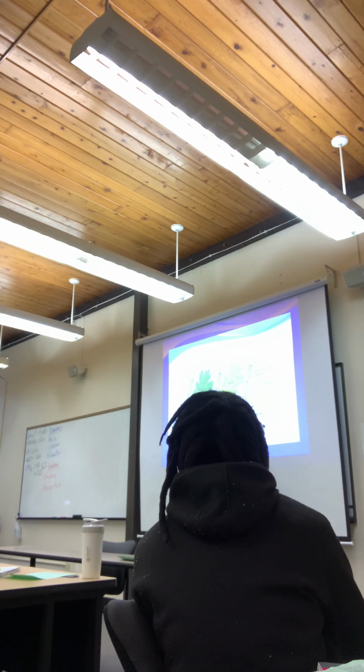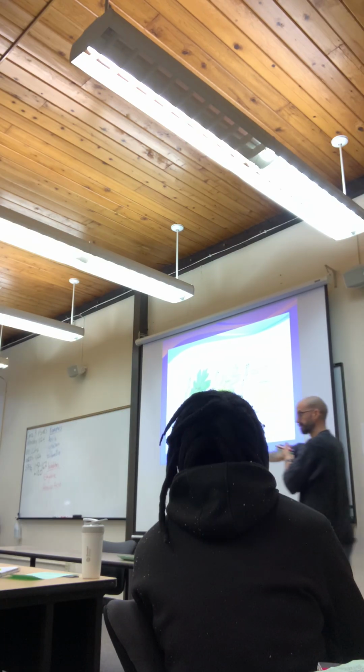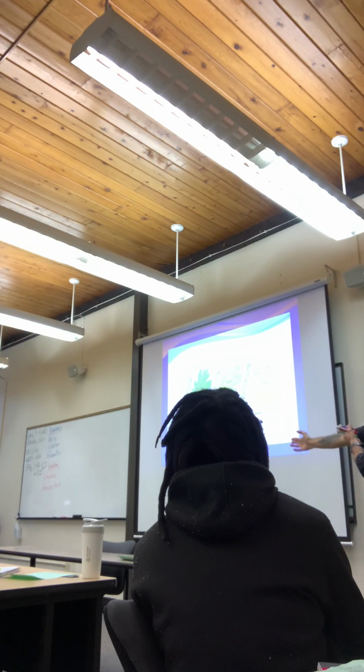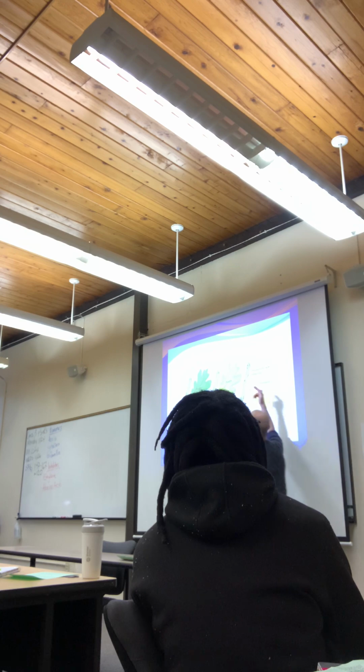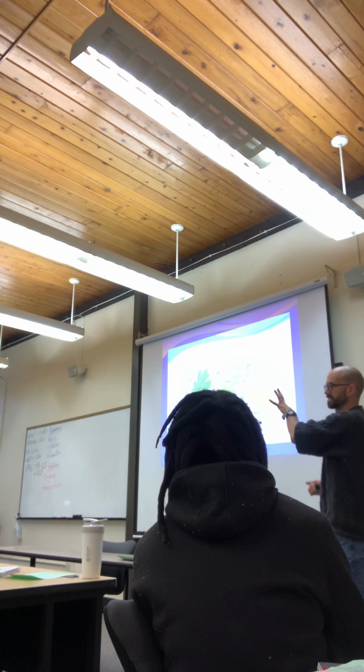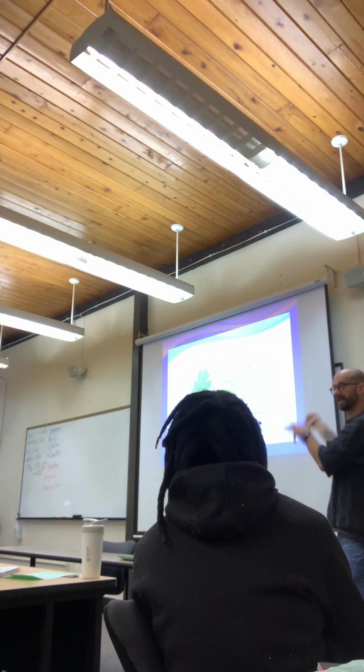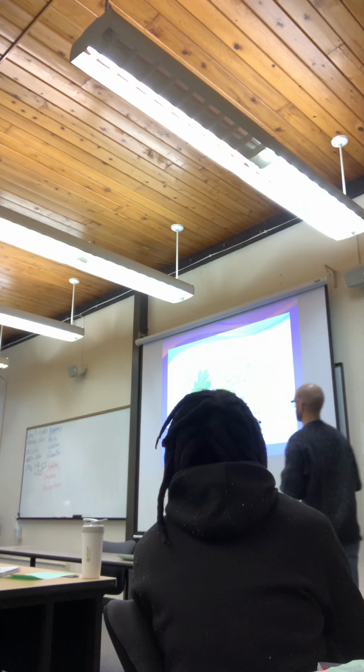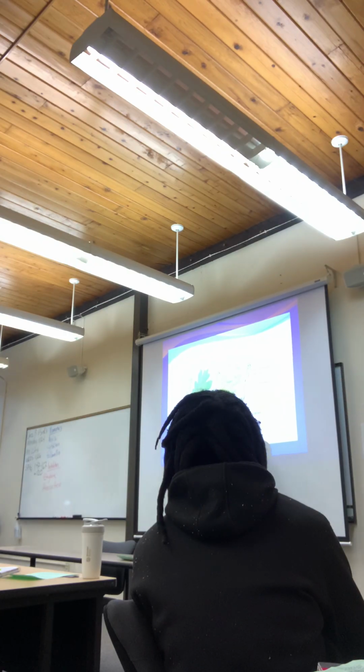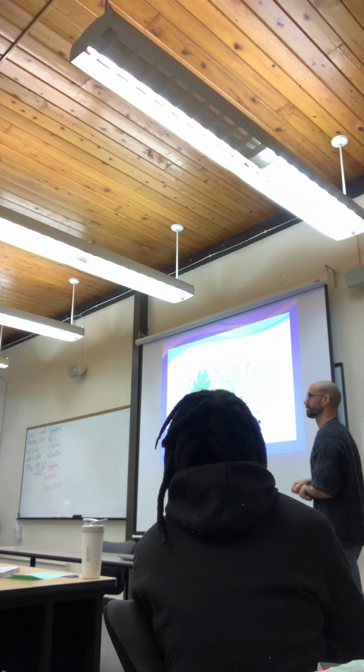That signals a sealing right here, a division that cuts it off from the vascular system of the rest of the tree, and eventually the combination of wind, gravity, and external factors, along with the fact that now there's a dead layer right here, means that they fall away.